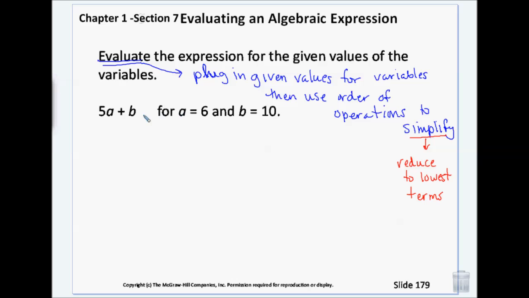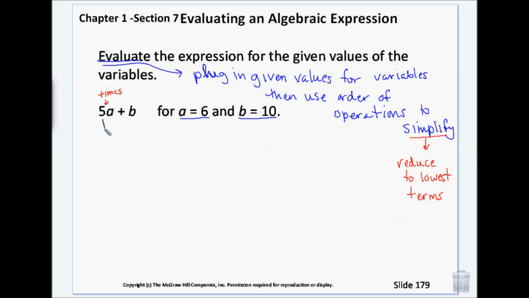So what I do, if I have 5a plus b, a equals 6 and b equals 10, I'm literally going to replace. Now 5a, this is 5 times a. If there's a number and a letter and they're just stuck together, that's multiplication.